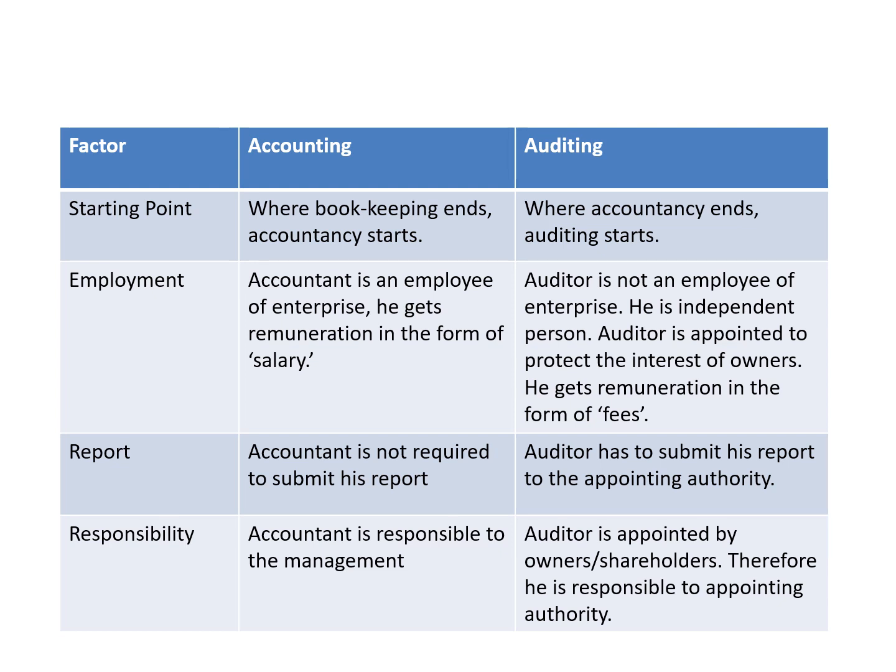On the other hand, auditor is not an employee of the enterprise or organization. He is an independent person. Auditor is appointed to protect the interest of owners. The auditor gets remuneration of his work in the form of fees.